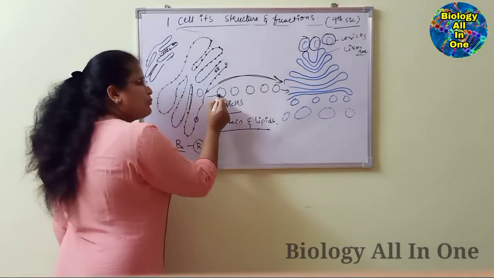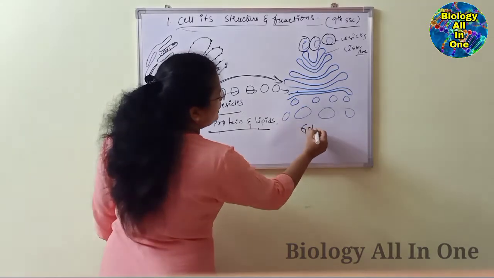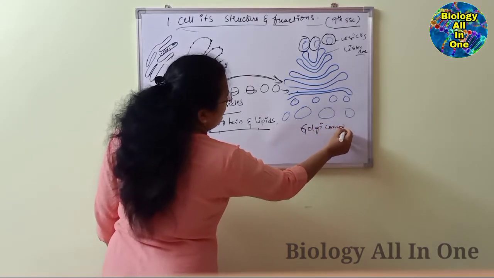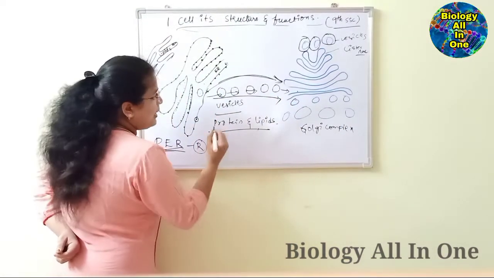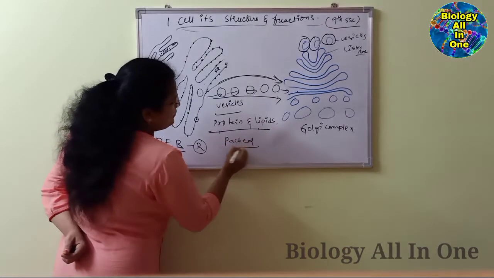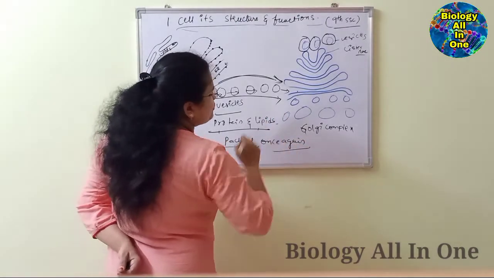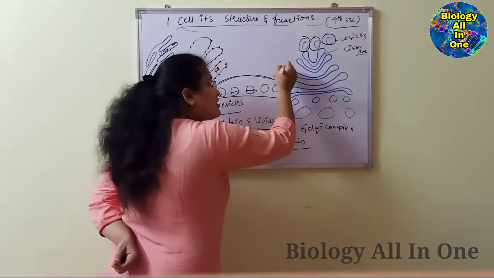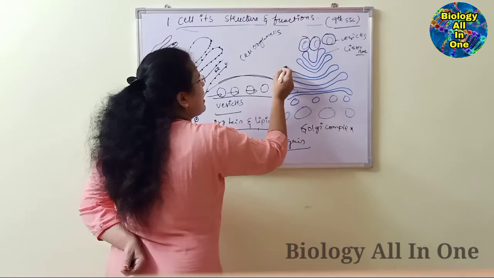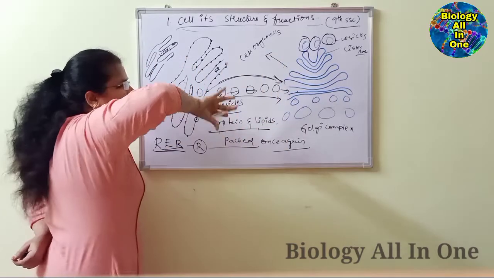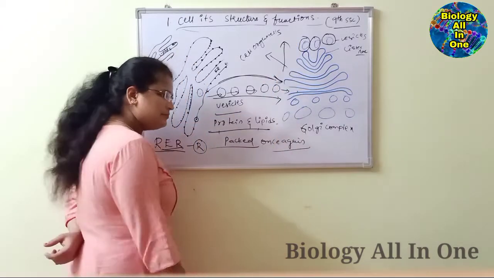The packed substances move in the form of vesicles to the Golgi complex. Here in the Golgi complex or Golgi apparatus, the vesicles that moved may be packed once again. They will be transported to the cell organelles inside the cell if necessary. If it is not necessary, it is even pushed outside of the cell.